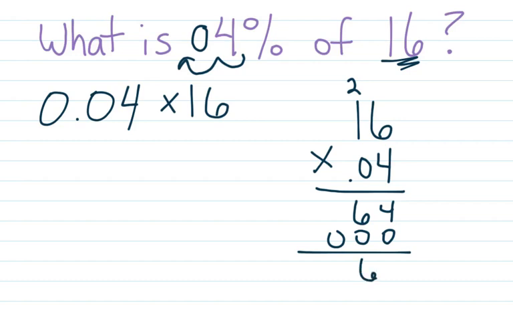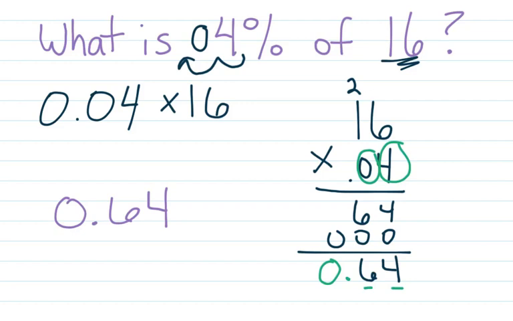So I'm ready to just get my decimal in here, and I have in this problem 2 decimal places within the problem, so I'm going to have 2 in my answer, 1, 2. So then our answer in this case, 4% of 16 is going to be 0.64.